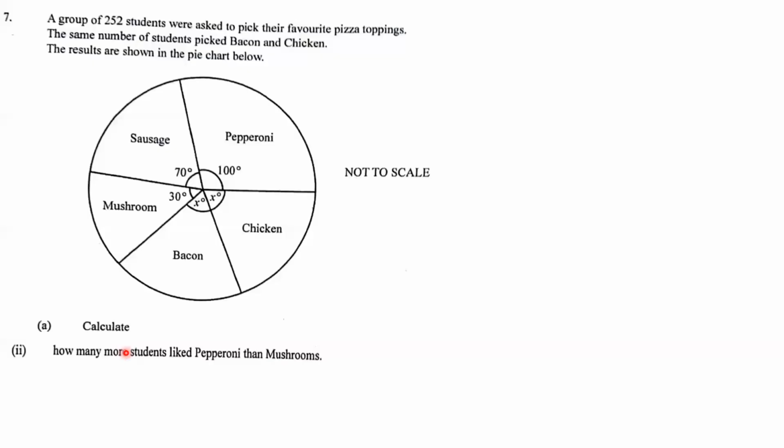It says, how many more students like pepperoni than mushrooms? So we have to first figure out how many students like pepperoni and how many students like mushrooms. And so let's do that. Number of students that like pepperoni, we're going to say it was 100 degrees. We're going to put 100 degrees over 360 because 360 is the total. So we have 100 divided by 360.